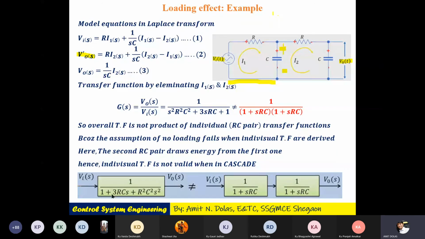I'll write it here in the blank portion. Let me have a pointer. Okay, so I wanted to write transfer function of this portion only. So what is output for this portion? Output for this portion is VO dash, upon this VI, right? ये हुआ output और VI.